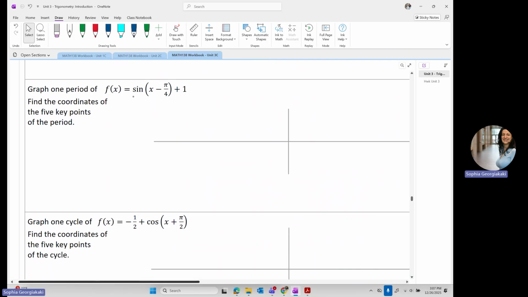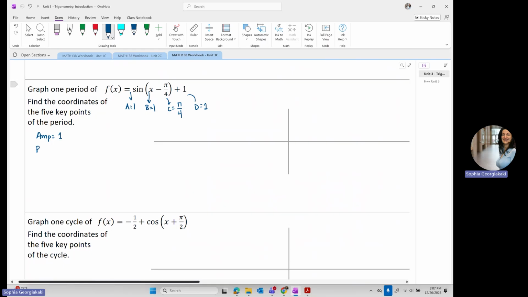So here I have a equal to 1. That means no vertical scale or reflection. I have b equal to 1, no horizontal scale or reflection. I have c equal to positive pi quarters because minus c is part of the formula, the negative sign, and I have d equal to 1. So I have an amplitude of 1.